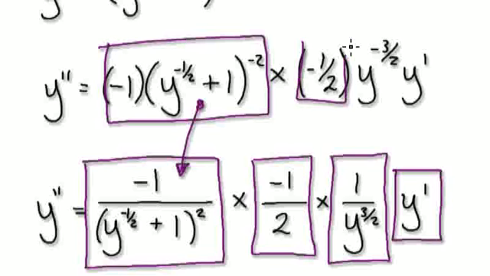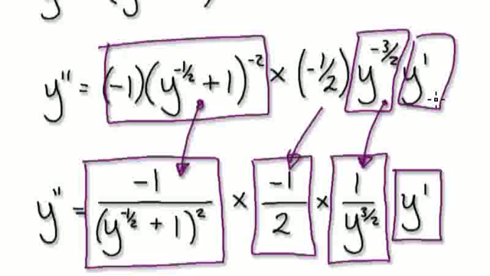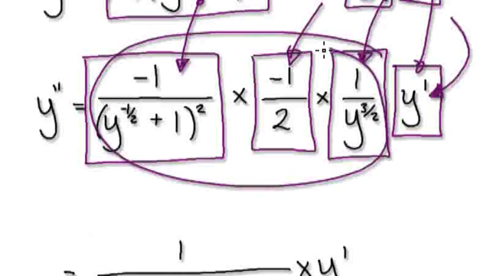Then this half here is this block here, and then here you've got one block multiplying with another block. This bit here, you can visualize it as this. So the y prime stays the same. Later on we will need to substitute into this y prime, but let's merge these 3 blocks together first.